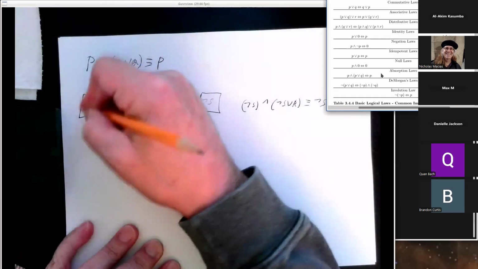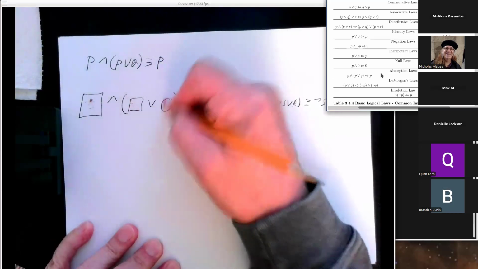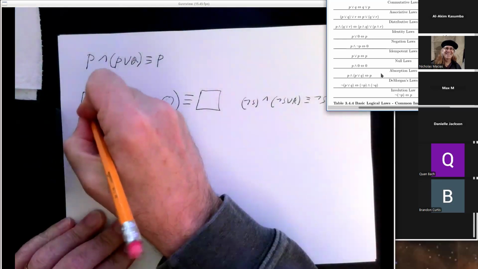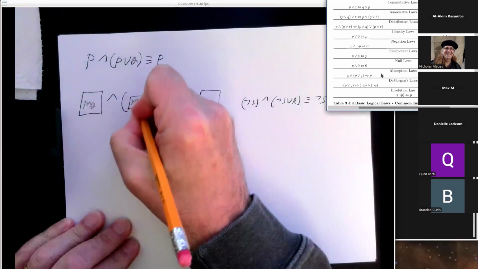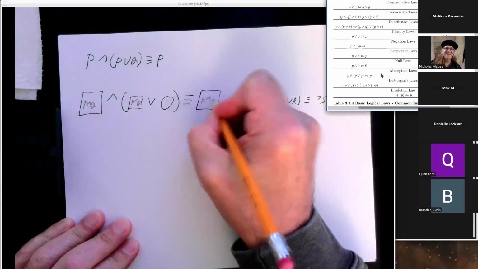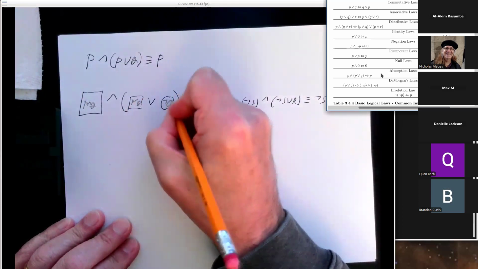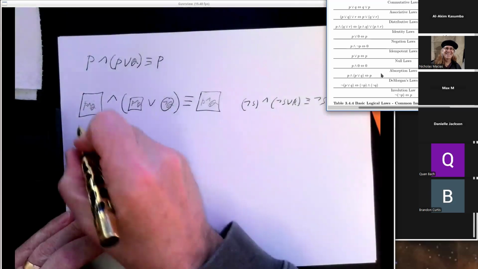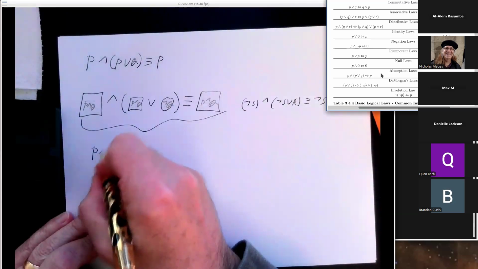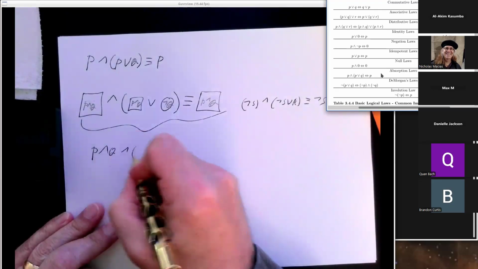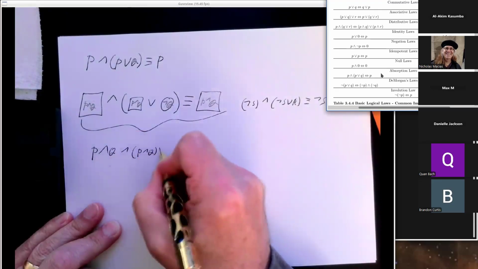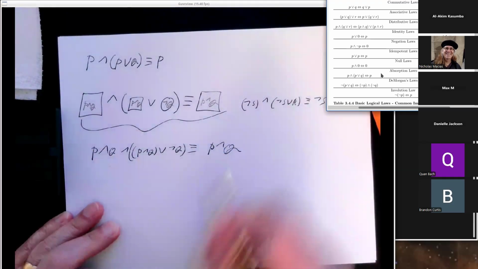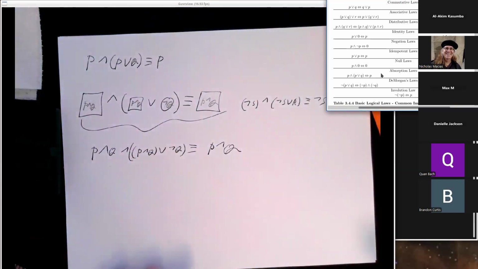Or I could fill in the box with P and Q. And I could fill in the circle with not Q. And that gives me the identity (P and Q) and ((P and Q) or not Q) is logically equivalent to P and Q. So what am I doing here?